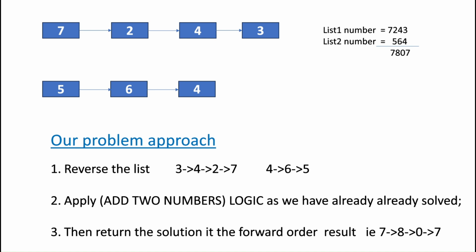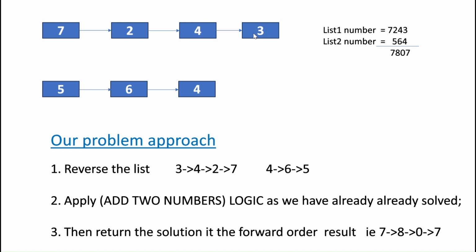Addition or subtraction operations we do from the least significant digit only, right? We add 3 plus 4, and then we add 6 plus 4, and so on. This is how the process continues, right? That means we are doing our operation from the end.